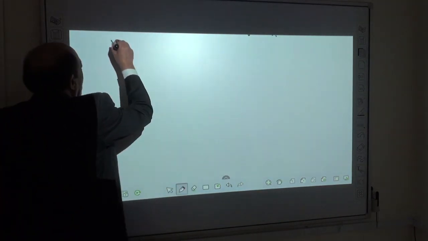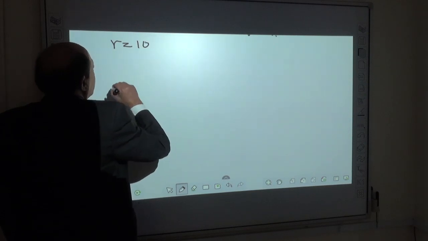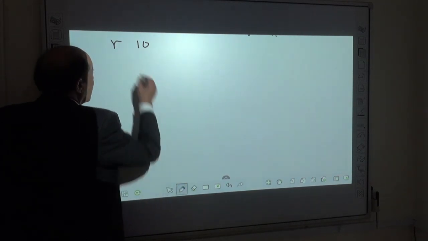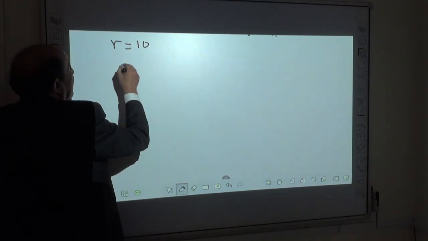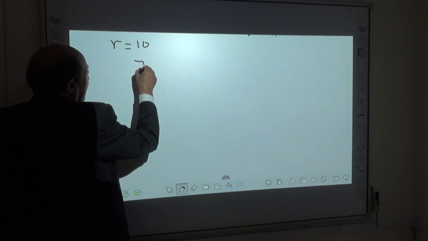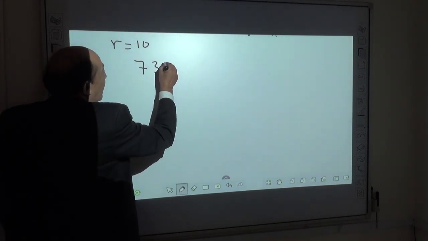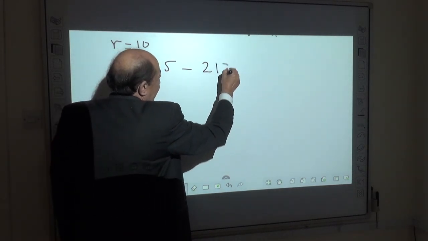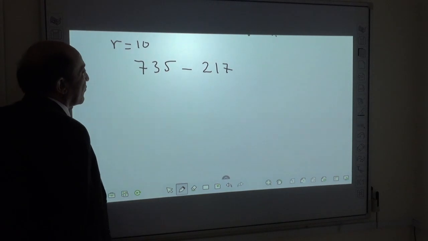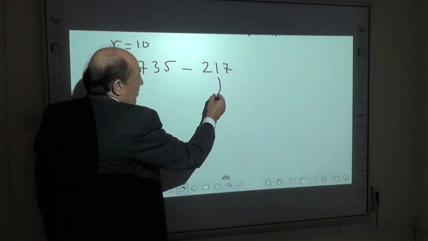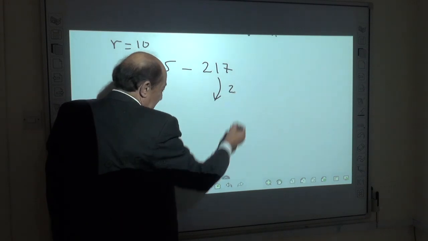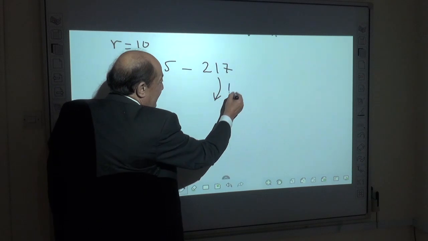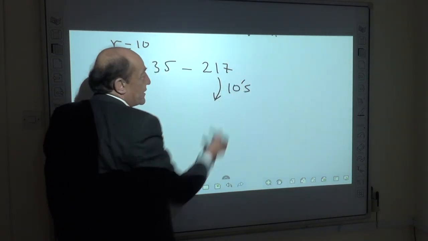Suppose r equals 10, and we are subtracting 735 minus 217. So we have to find the 10's complement of this number.